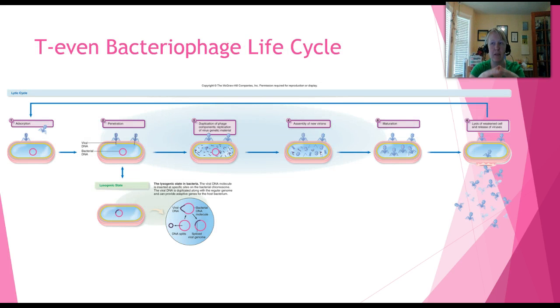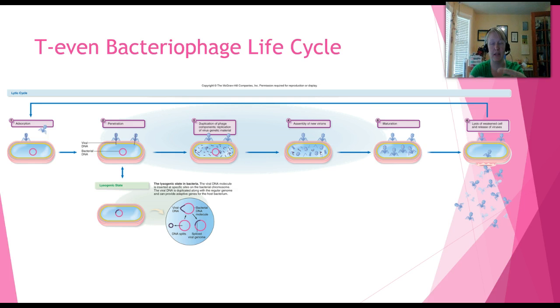In this process, we have the lysogenic cycle and the lytic cycle. What you can see here is in step 1, we have absorption. This is where the T bacteriophage binds to the bacterial cell. Penetration is when they inject their DNA or RNA into the bacterial cell. This then gets replicated within the bacterial cell, and this is all still part of the lytic cycle.